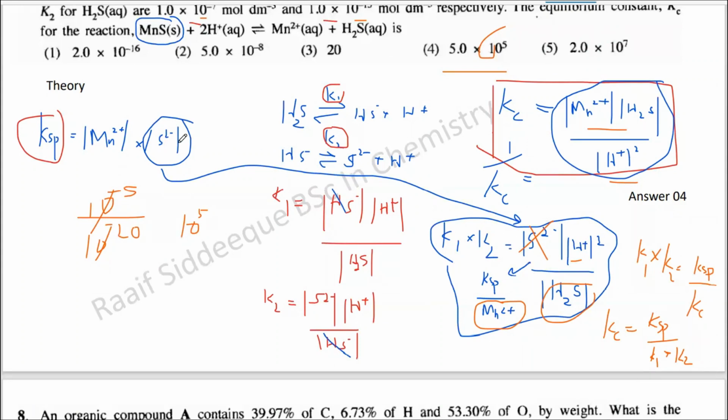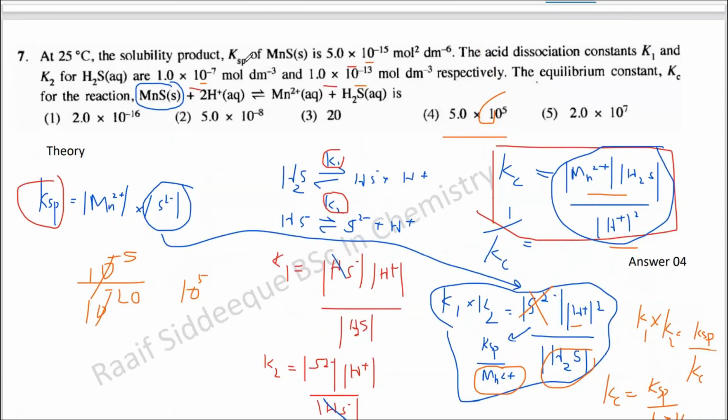So instead of S2 minus here, we put KSP over Mn2 plus. So we will have K1 and K2, which is equal to KSP times H plus squared over Mn2 plus into H2S, which is 1 over Kc here. So Kc is finally equal to KSP over K1 into K2.